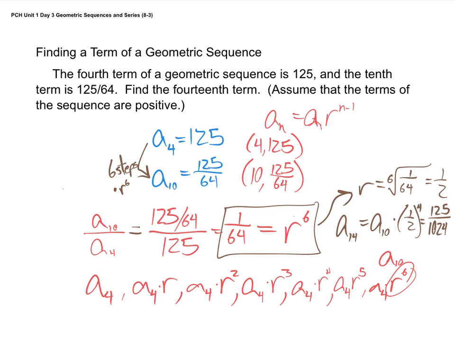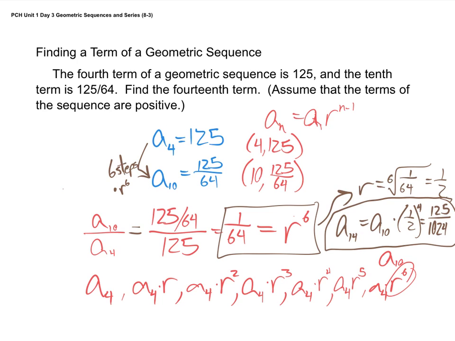So that right there is our answer. Wait, for the 1024, did you get it by the half to the fourth and then multiplied it times the 64? Yes. The 2 to the fourth is 16. 64 times 16 would give you 1024.